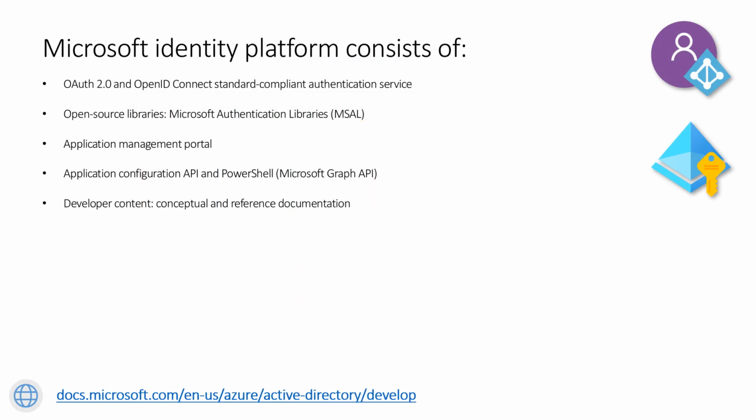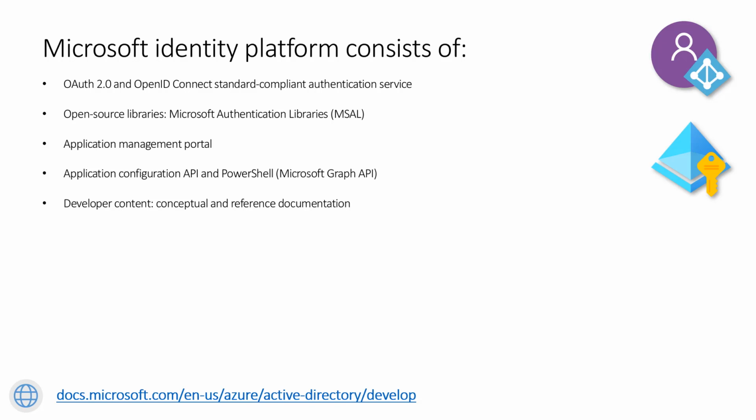Microsoft Identity Platform consists of a few parts, I would say. It consists of an OAuth 2.0 and OpenID Connect standard compliant authentication service. That's very important. It's based on the standards. It provides open source libraries. As I mentioned, there is Microsoft Authentication Library available for different platforms like Xamarin, UWPF, Angular or React.